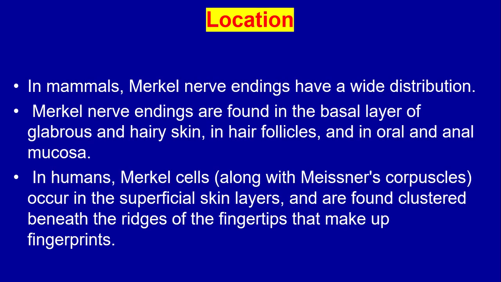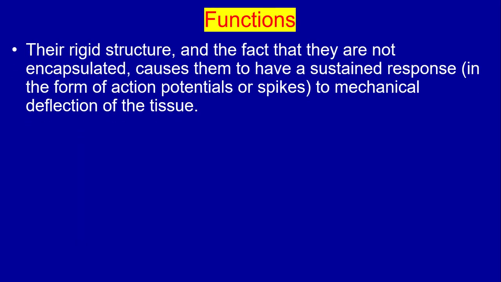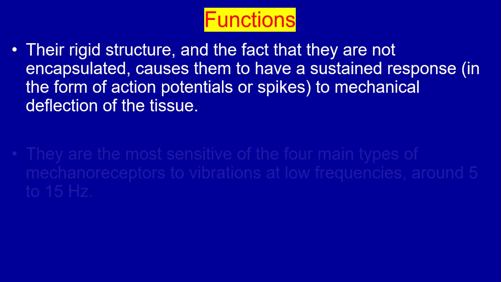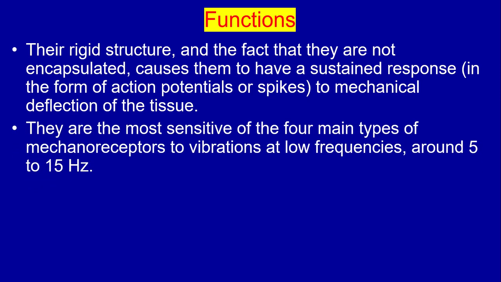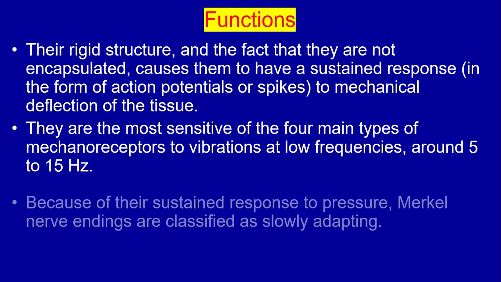Their rigid structure and the fact that they are not encapsulated cause them to have a sustained response in the form of action potentials or spikes to mechanical deflection of the tissue. They are the most sensitive of the four main types of mechanoreceptor to vibration at low frequency, around 5 to 15 Hz.